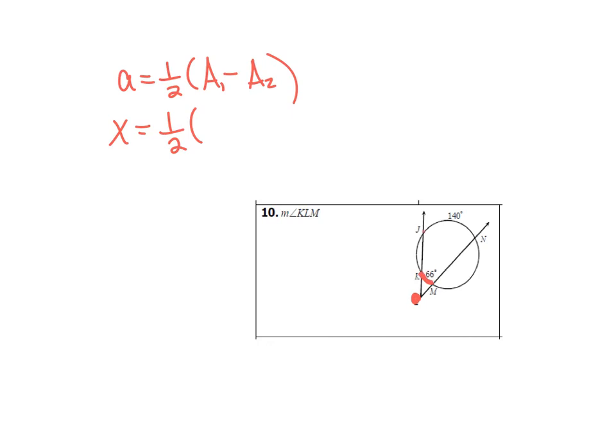So it's 140 minus 66. So what do we do first in this case? We want to do what's in parentheses, get an answer, and divide by 2. We're going to get x is equal to 37. So this inside angle is 37 degrees.